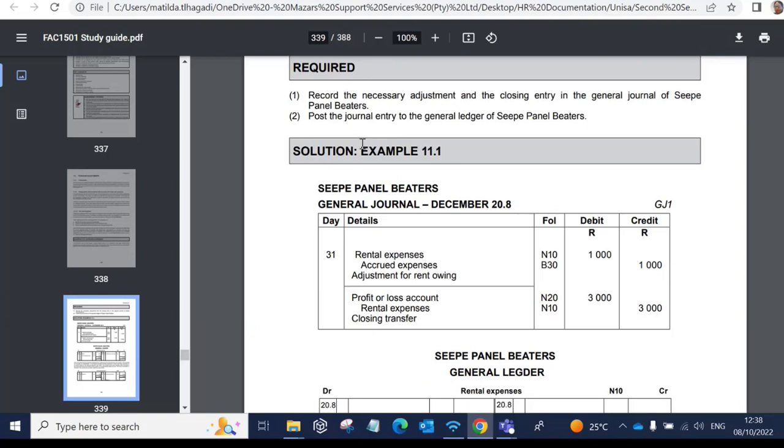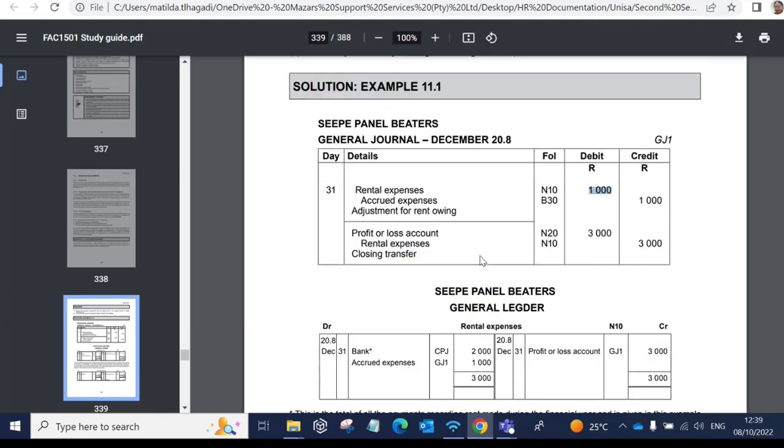Well done. So how we got to this rent owing: 250 times 4, which is 1,000. And then we need to accrue, adjusting for rent owing of 1,000.